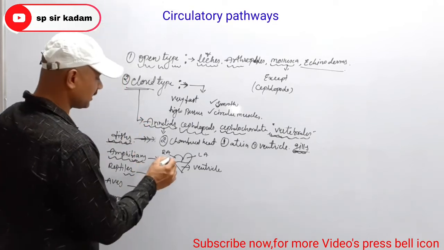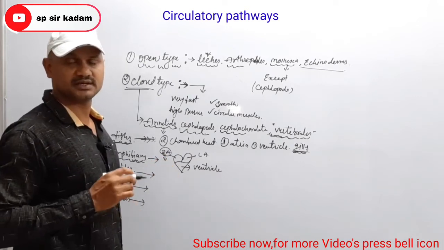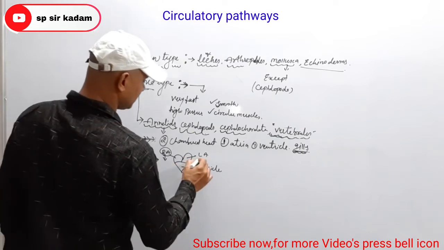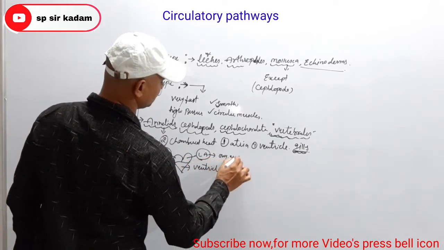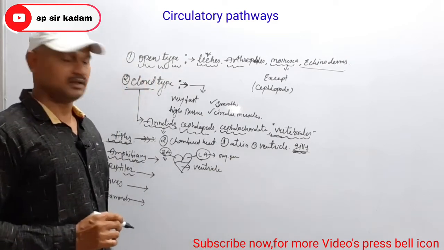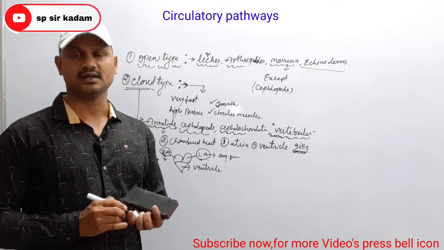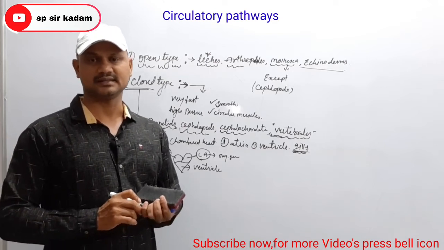The right auricle receives which type of blood? Deoxygenated blood from the different body parts through veins. And the left auricle receives oxygenated blood from the respiratory organs like lungs, skin, and gills.